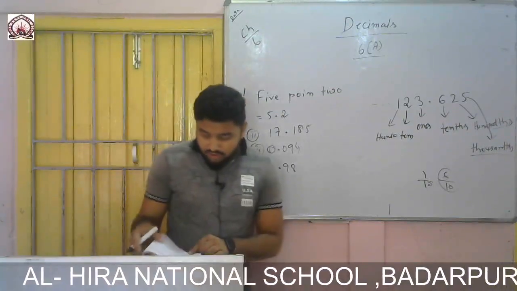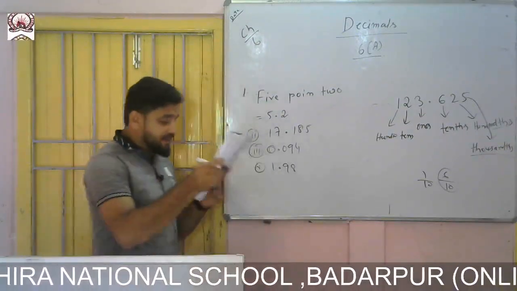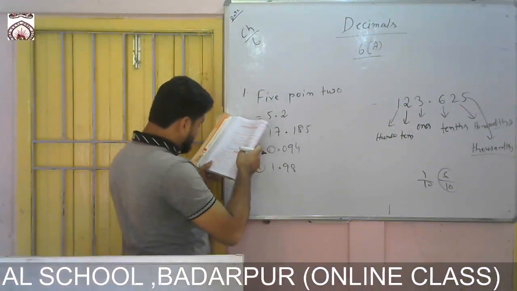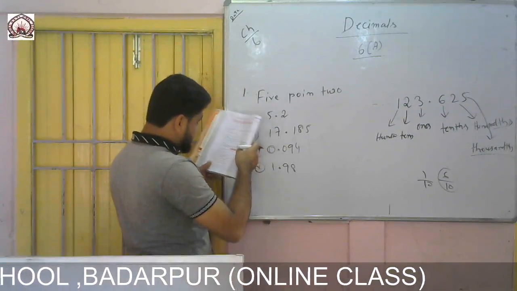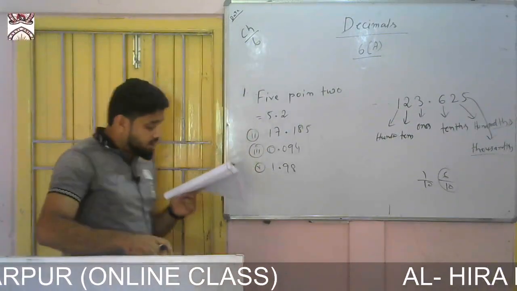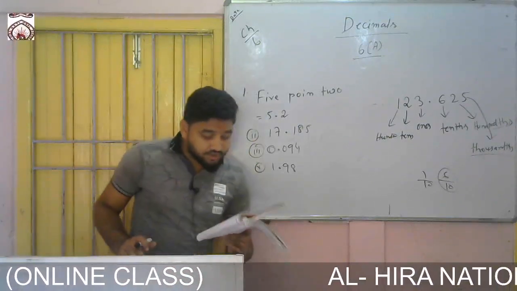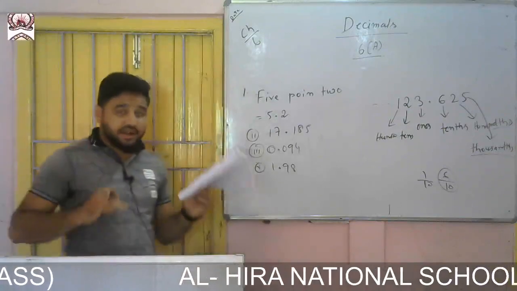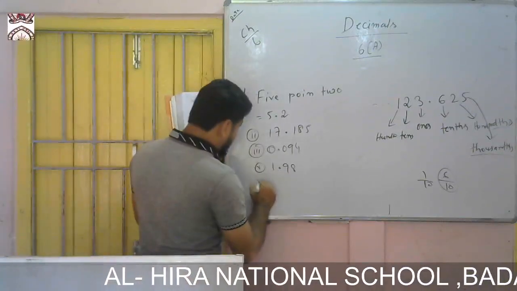Now come to 25 and 7 thousandths. Now you see question number 6. 333 and 3 tenths.